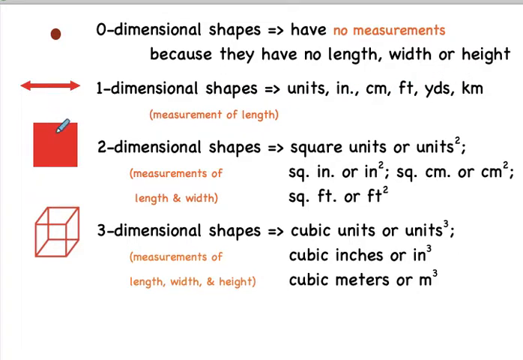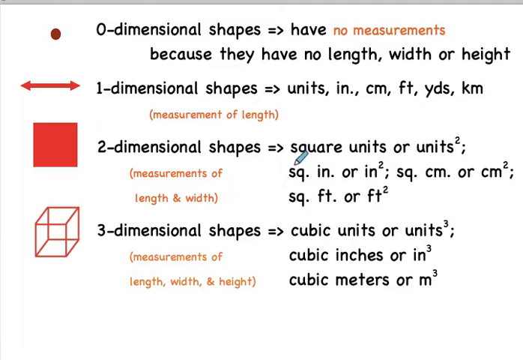Now, beginning in third grade, you started learning about two-dimensional shapes. We've covered a lot about two-dimensional shapes this year, but what two-dimensional shapes entail is all of the inside area of a flat shape. And you learned that two-dimensional shapes are measured by their length by their width. And they're written as square units or units squared.